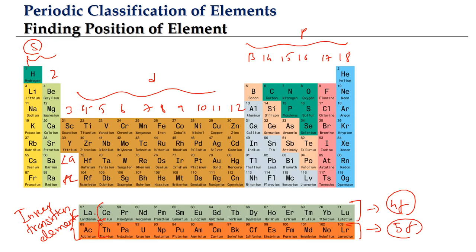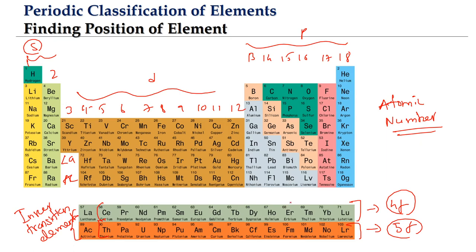Now the point is we are going to look at how we will identify the position of an element when the atomic number of the element is given. That is the information we'll have. If somebody gives us an element with atomic number 47, which period, which group, and which block will this element belong to? Because if you know the period, group, and block, we will be able to comprehensively know the broad physical and chemical properties of the element.